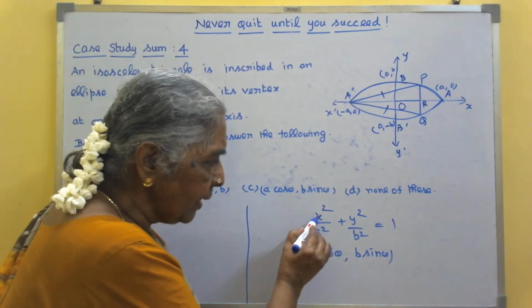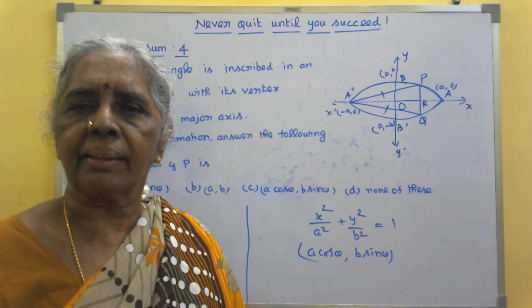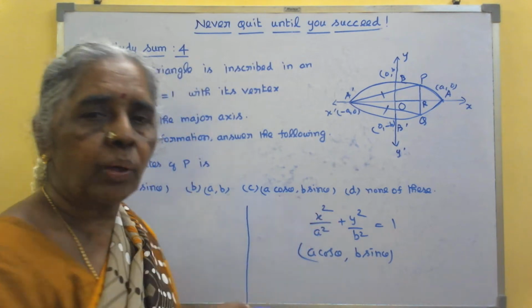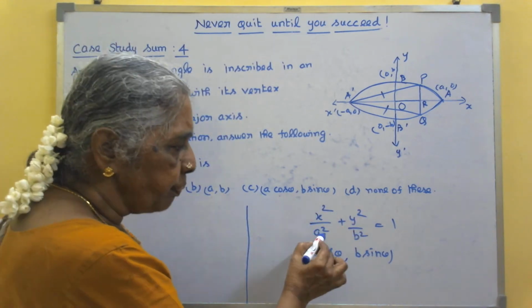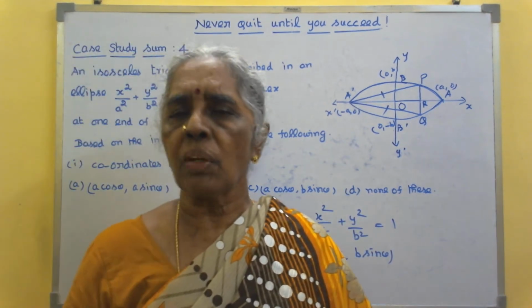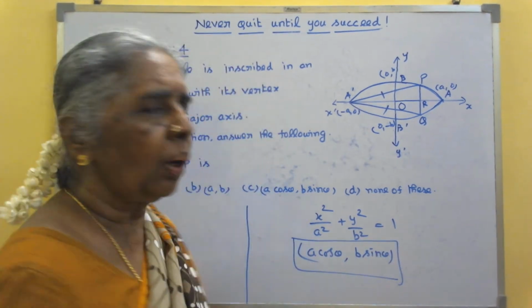That is, you will get a squared cos squared theta by a squared. A squared and a squared will get cancelled, you will get cos squared theta. Here b squared sin squared theta by b squared, b squared and b squared will get cancelled, you will get sin squared theta. So cos squared theta plus sin squared theta will be 1 for all values of theta. So this is called a general point on the ellipse.